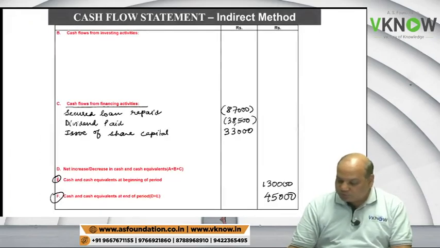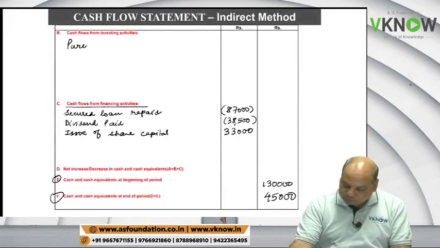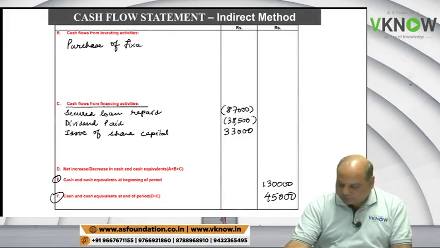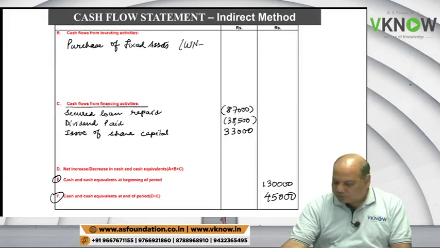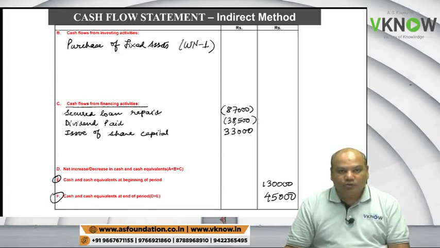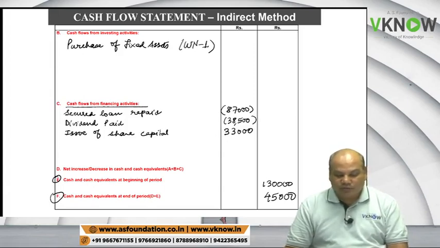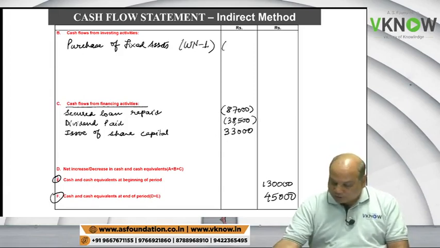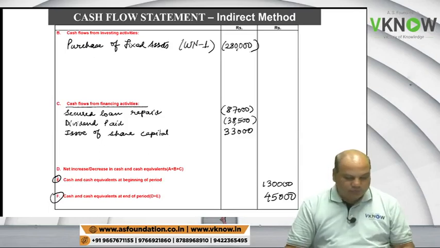So we will write down purchase of fixed assets in investing activity. Chaurasia is right. Working note 1, in bracket write down 2 lakh 80,000.